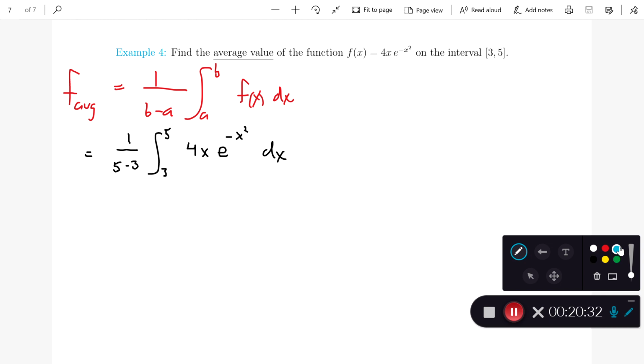Now for this one, again, we will need to do a u substitution. So it makes sense to make our u x squared, or you could just make it negative x squared. It'll work out either way. The derivative of this u with respect to x is 2x, and if you multiply by that dx on the other side for the du dx, you get 2 dx.